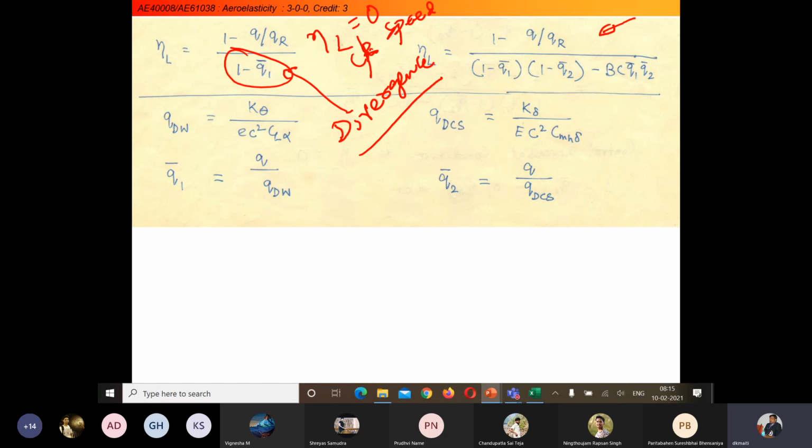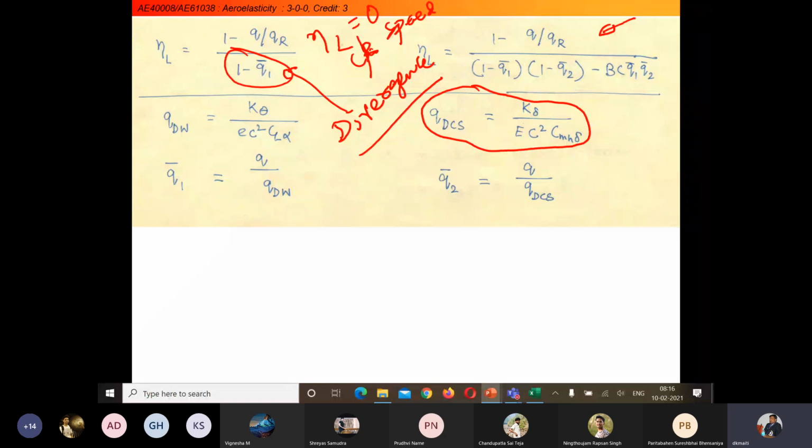And in this case, what we are getting is QD wing, Q divergence wing, equal to K theta by E c square CL alpha. With finite control surface stiffness, we have taken another parameter equivalent to this wing divergence, that is QD control surface. This is just to represent it in a non-dimensional form.